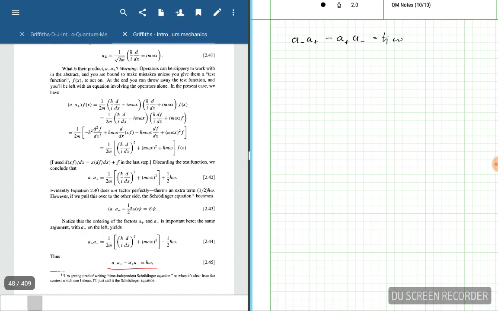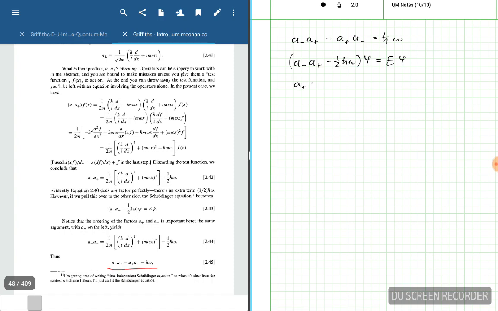So if we plug those back into our Schrodinger equation, what we have is a minus times a plus minus 1/2 h bar omega, acting on our wave function psi equals the energy psi.